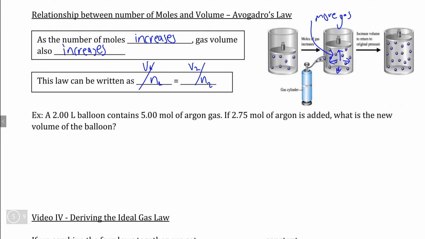Now, we can use this in order to calculate what volume we would expect of a specific number of moles of gas if we change the number of moles of that gas. So we start with our initial volume, 2 liters of gas within a balloon, and we're told that this balloon contains 5.00 moles of argon gas, although remember, if it's an ideal gas, the type of this gas doesn't really matter.